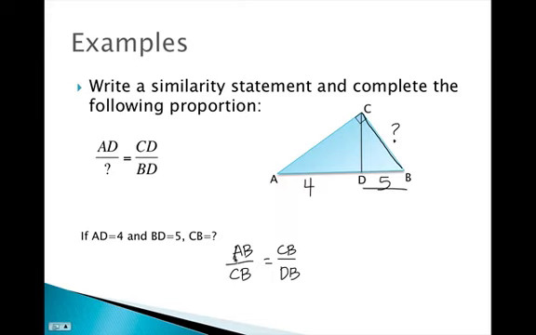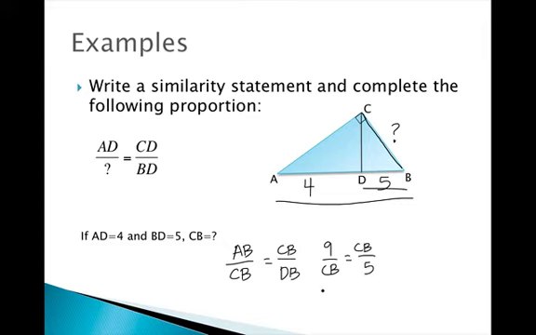So AB, that's actually going to be 9 units because that's this entire length of the hypotenuse. So that would be AD plus DB. So that means that we have 9 over CB equals CB over DB, which equals 5.